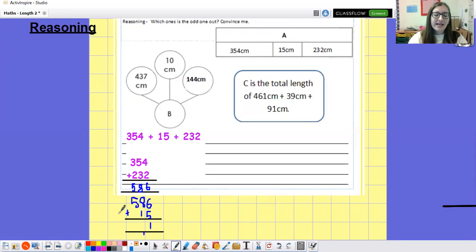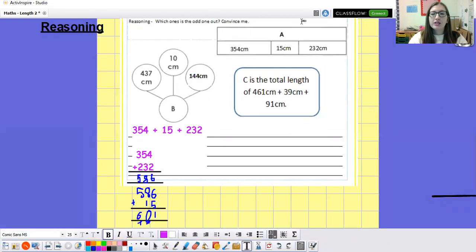And then 8 tens add 1 ten is 9 tens, add another ten is 10 tens. And then 5 hundreds add 100 is 600. So for A, you should have gotten 601 centimetres. Right, now we need to work out B, and I'm going to choose a different colour.